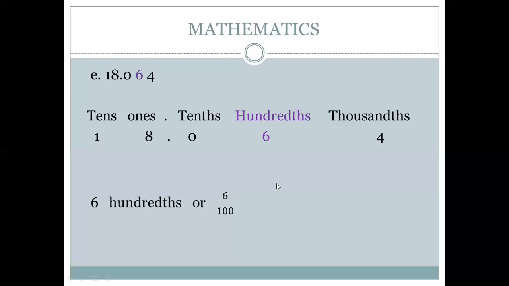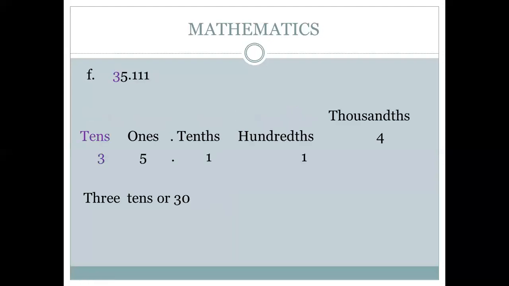Is it clear? Come to the last part of this question. Again, we have the decimal part. 2 digits are before the decimal and 3 digits are after the decimal. When we have 3 digits after the decimal, we always start our table from thousandths, hundredths, tenths, then decimal, ones, and tens.